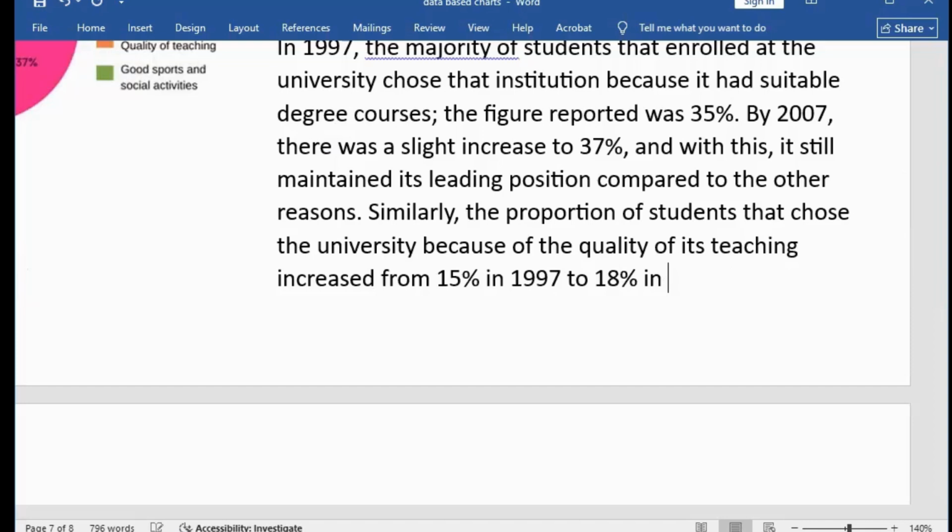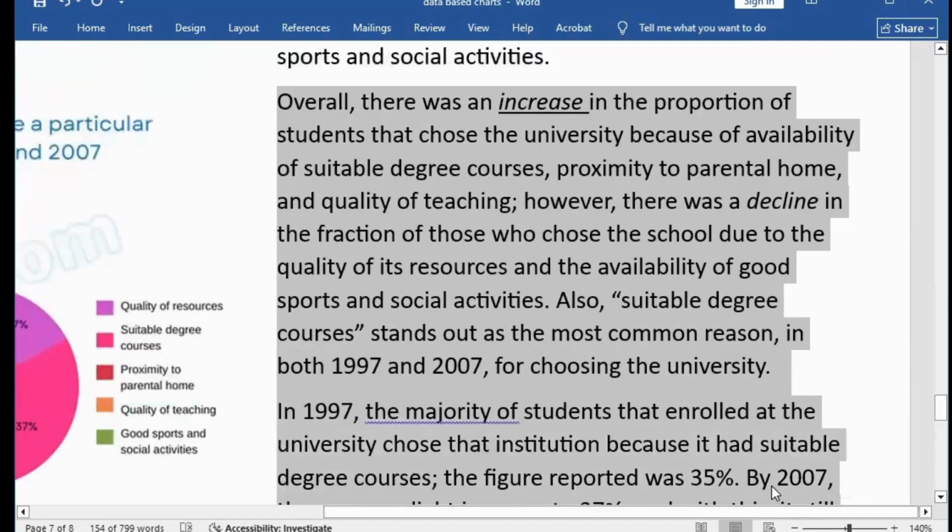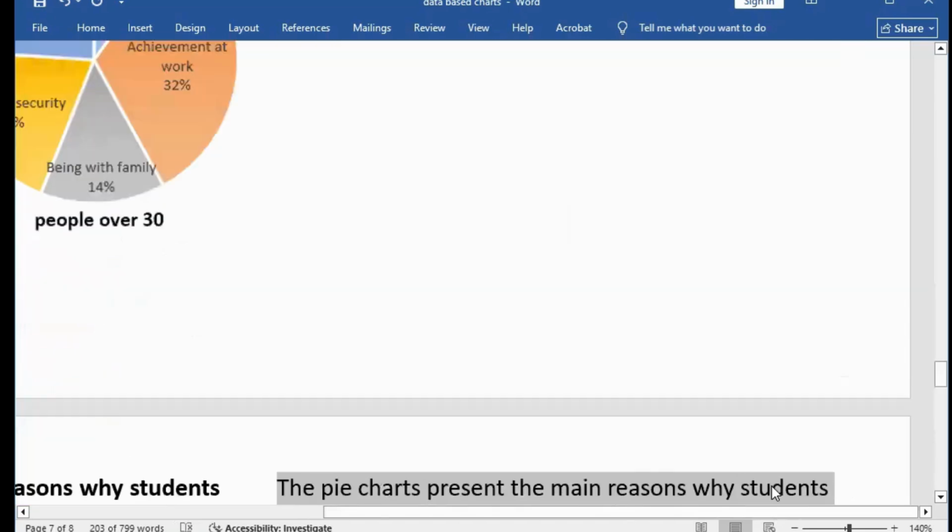in 2007. And those who chose it because of, let me reduce the size so that I can fit everything into this page.